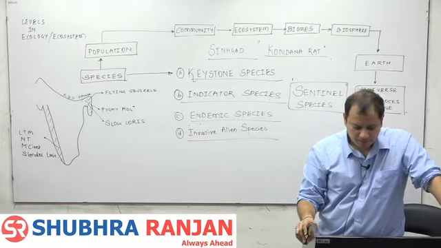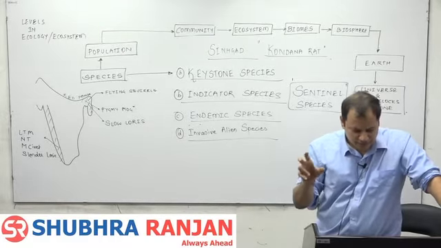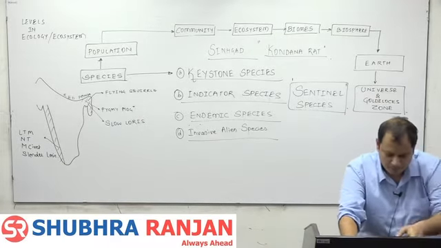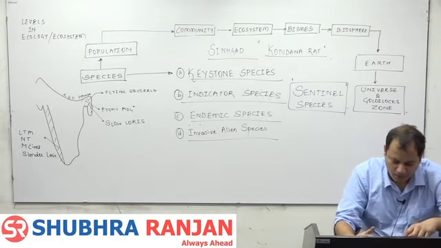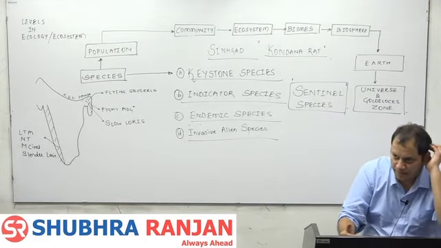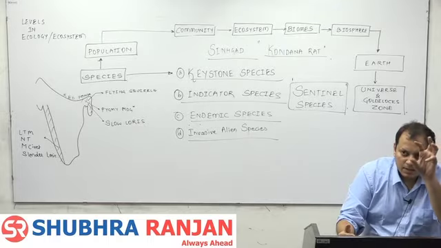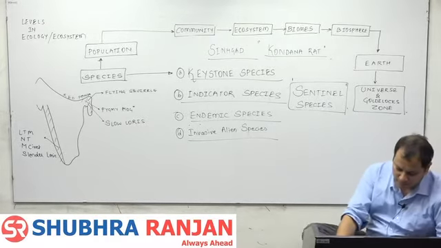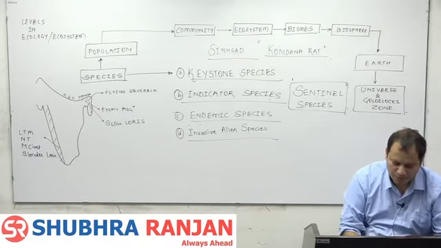Second, they try to colonize the area. Third, they may destroy the natural vegetation in the process of multiplying.